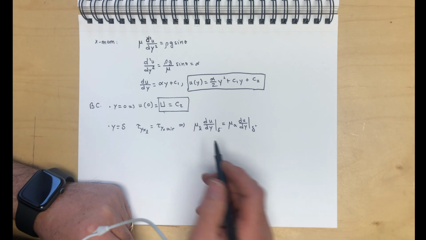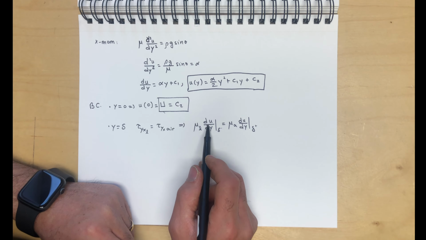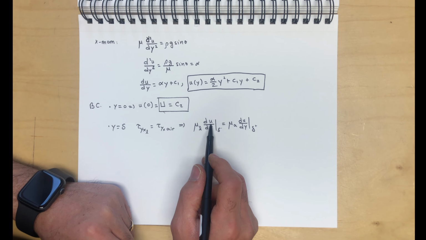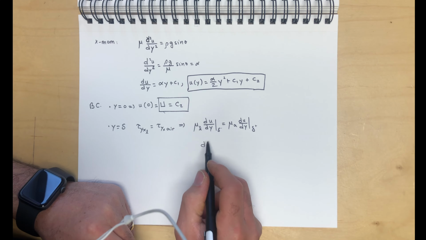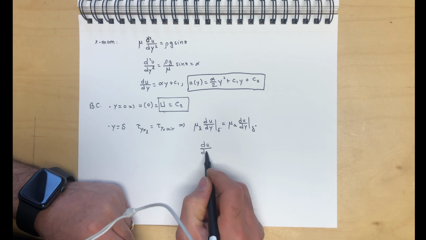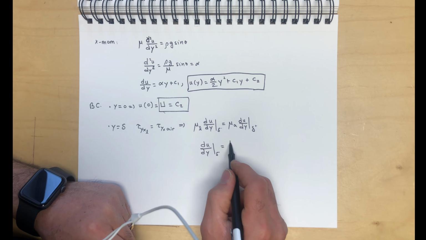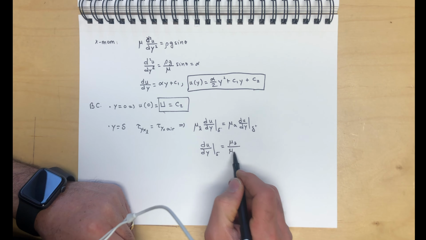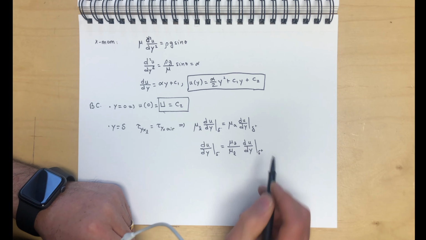We've always in the past assumed that just du/dy is equal to 0, but this is actually a more rigorous way to prove this. This is the true condition. So this means that du/dy at delta minus is equal to mu air over mu liquid times du/dy at delta plus.